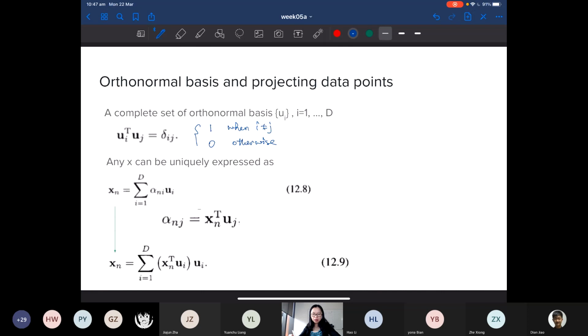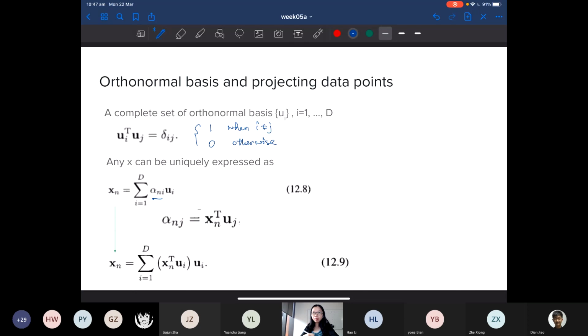Orthonormal basis means that any point x_n can be uniquely expressed as a linear combination of the orthonormal bases. For each x_n, there's a set of coefficients a_ni times u_i.